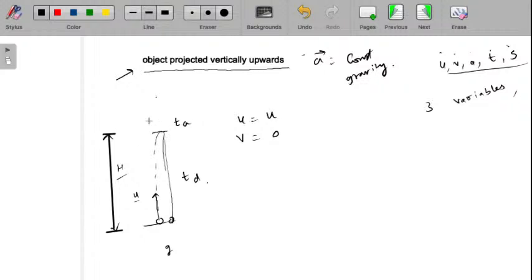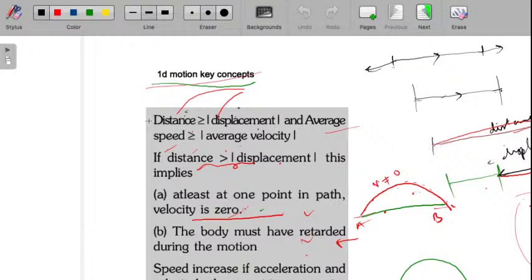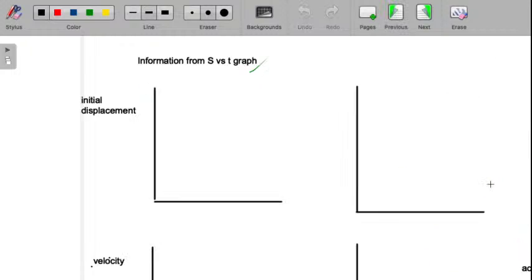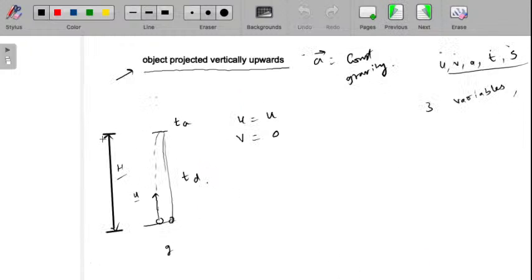The body has to have a point where the velocity is 0, and that is the point of turning. So when the object turns, the velocity there is 0. Therefore the acceleration a is g downward.